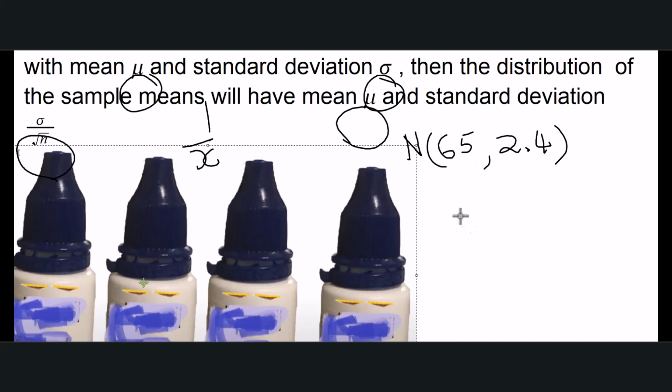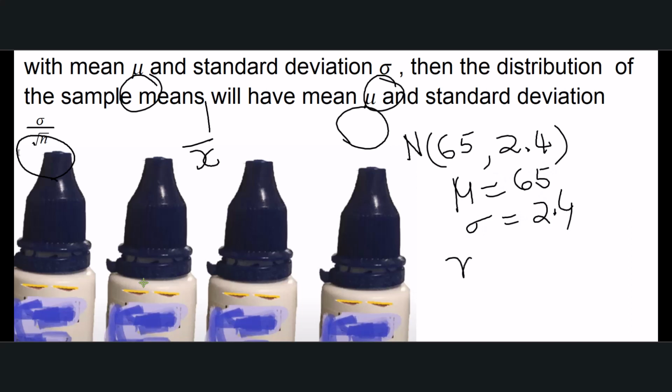Okay, so in other words, one moment, let me choose my tools here. So here we have mu equals 65 and standard deviation equals 2.4, and here somebody is getting a random sample of size 4, or a random sample of 4 bottles.